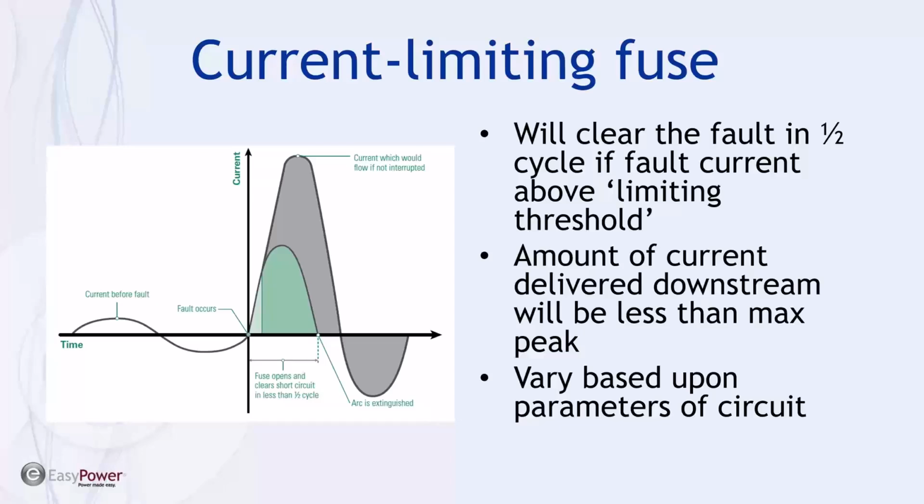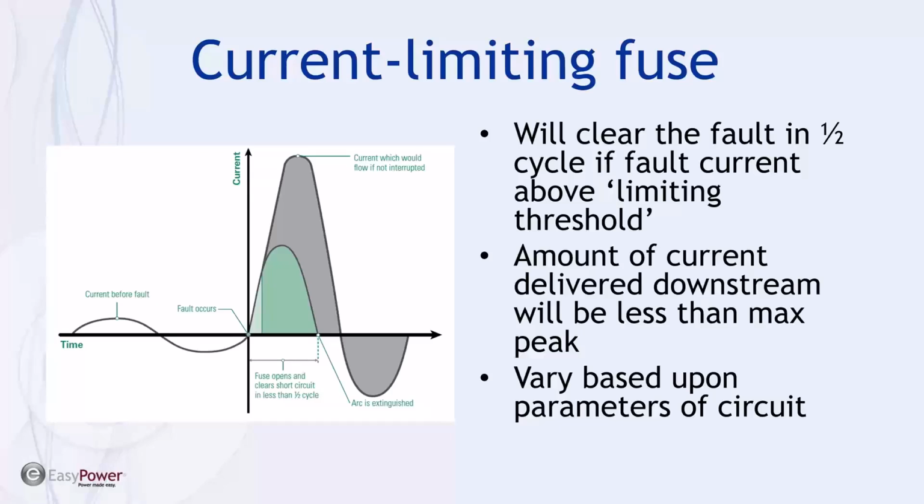Now, the amount of current delivered downstream may be less than the peak max of the upstream fault current, but that specific value may vary based upon the parameters of the circuit.